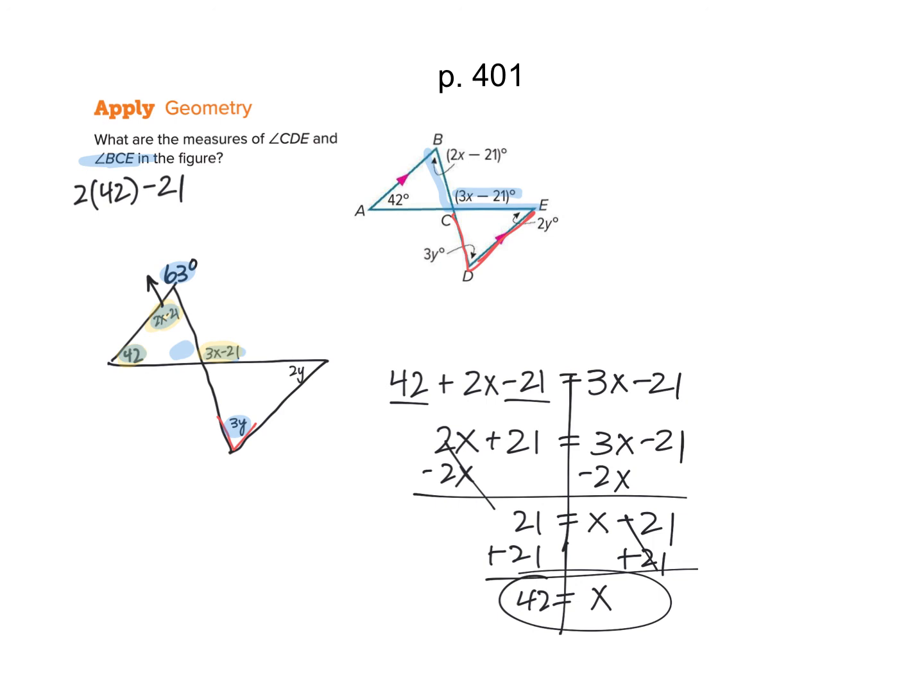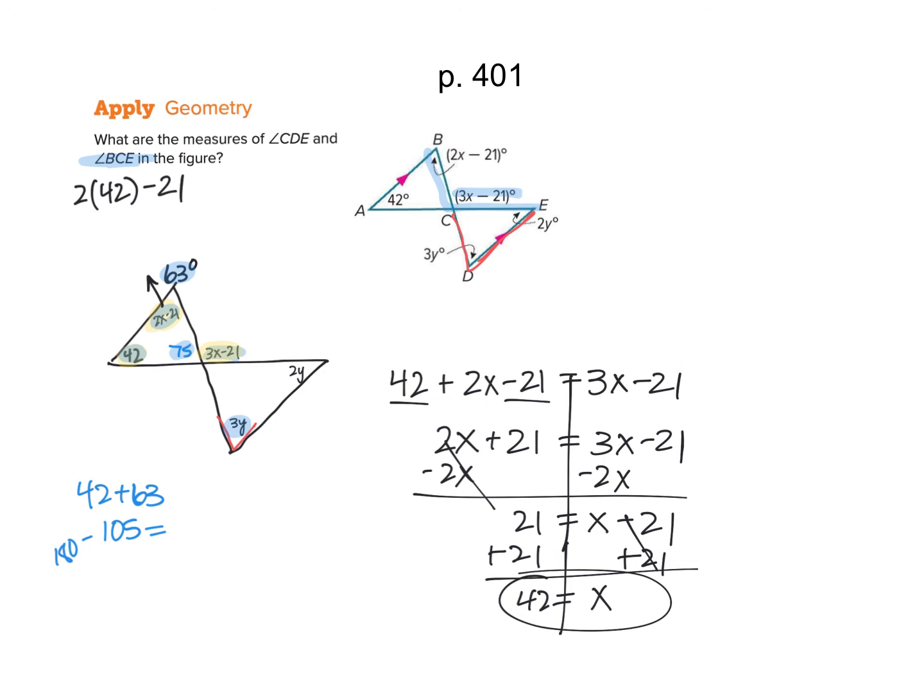I know together those three have to make 180. So I have 42 plus 63, which is 105. And if I do 180 minus 105, I get 75. So this one right here is 75.